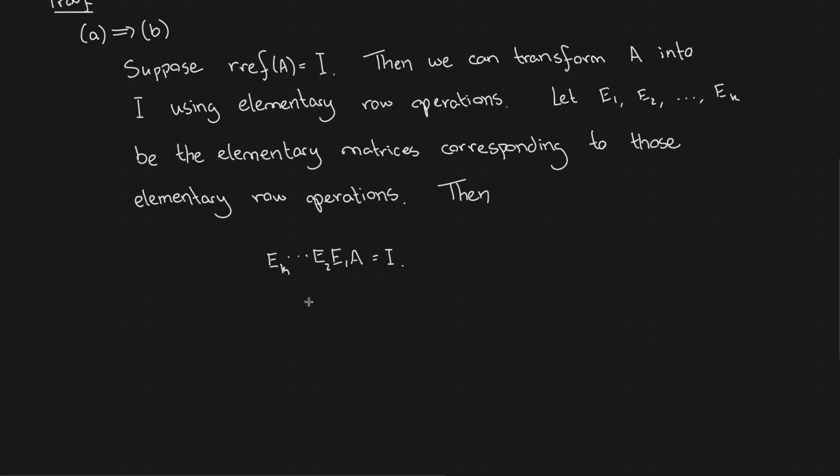Okay? But all these matrices here, they're all elementary matrices, which means they all have inverses. So let's multiply both sides by the inverses of these matrices.